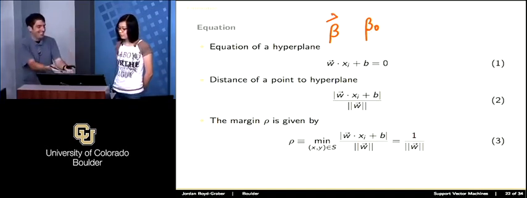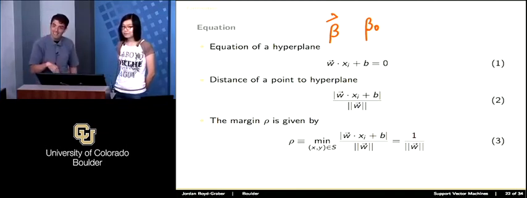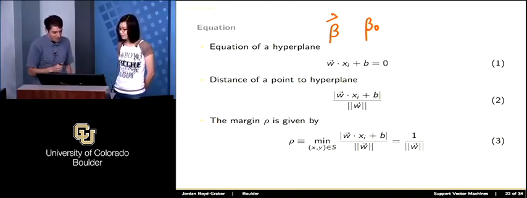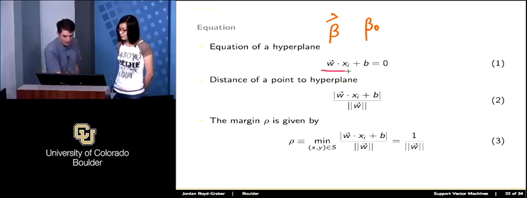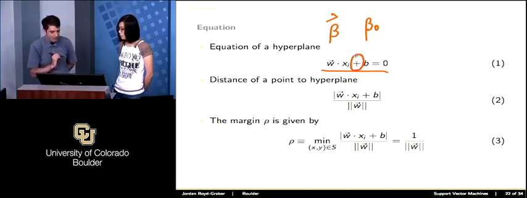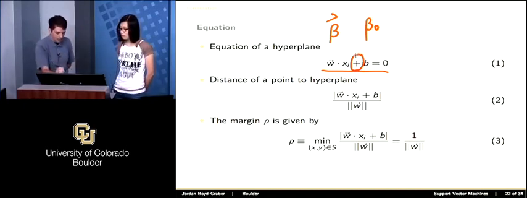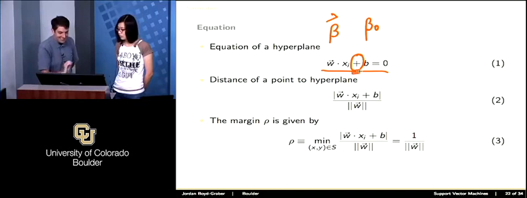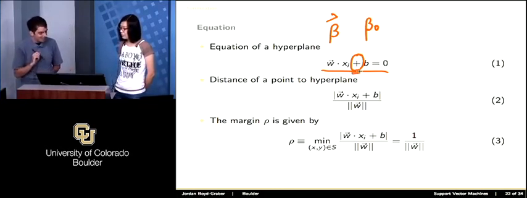It's just how support vector machine people write their equations. So this is how you define a hyperplane. One thing you need to watch out for is that some people use a plus here, some people use a minus here. So you need to keep track of which convention people are using.